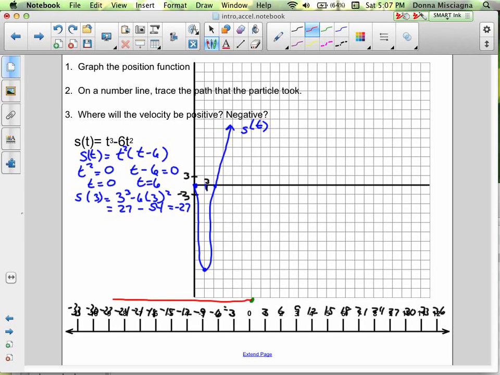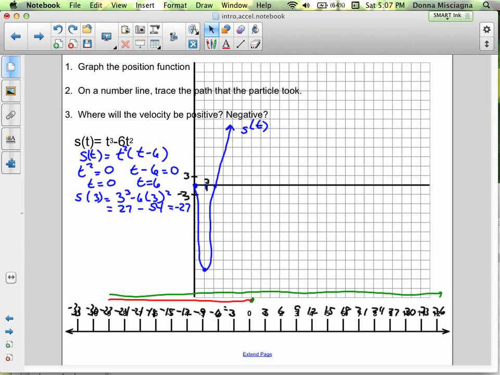All right, so we moved in the negative direction, and then the particle turned around and moved in the positive direction. And how long? Well, it's going to keep on moving in the positive direction. All right, just keep on moving.